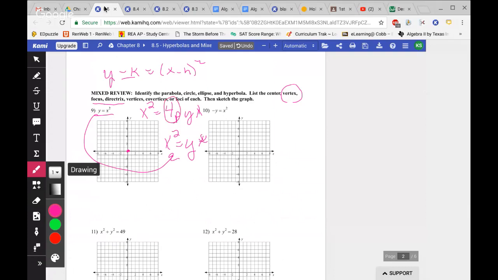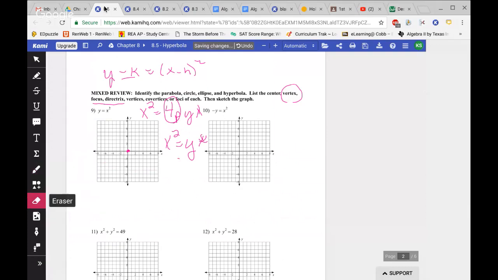Would you agree? That 4p is the only thing really missing from this formula. Yes, ma'am. Does that make sense? Mm-hmm. Okay. So what is understood in front of that y? 4p in this one, but what would be understood here?